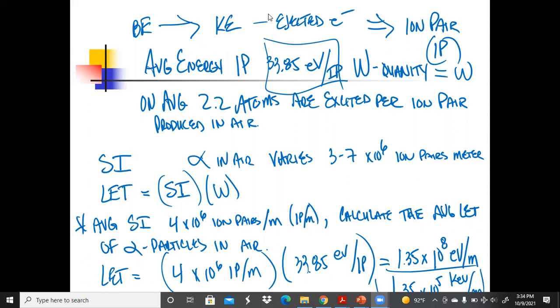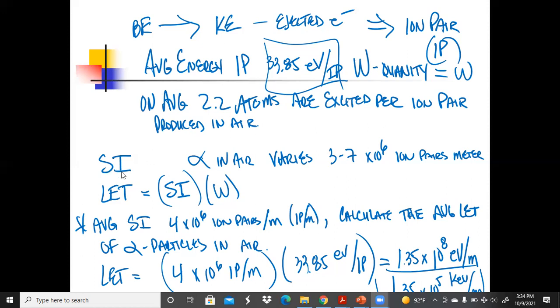So when the electrons are ejected, you're going to end up with something called an ion pair. So the average energy of the ion pair, you're looking at about 33.85 eV per ion pair. Now, the term W here is going to stand for the quantity. It's going to stand for exactly how many pairs you end up producing. Now, on average, 2.2 atoms are going to end up excited per ion pair that's produced in air.